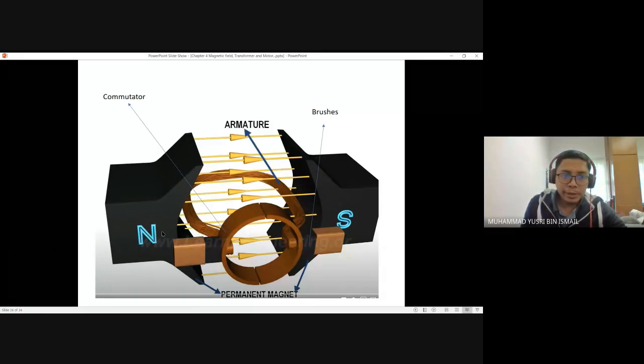And then of course you need the permanent magnet in order to produce an electric magnetic field. As the armature rotates, it will disrupt the magnetism of the magnet base tu, and then it will produce an electromagnetic current lah. So finally it will produce an energy in terms of power.